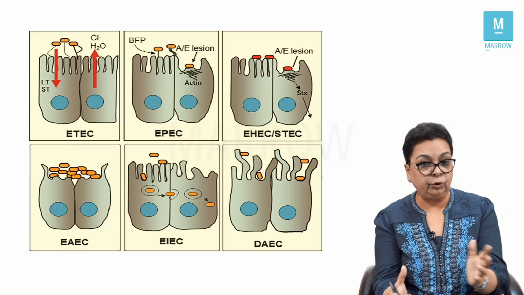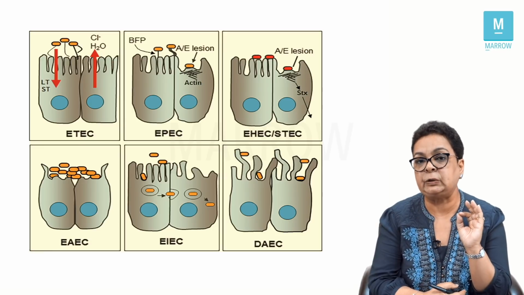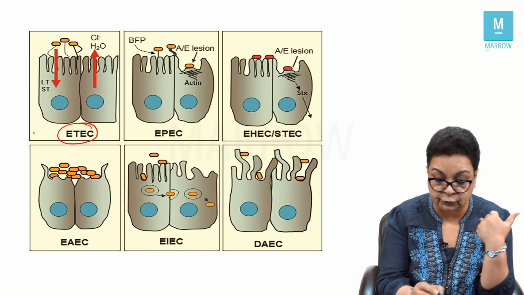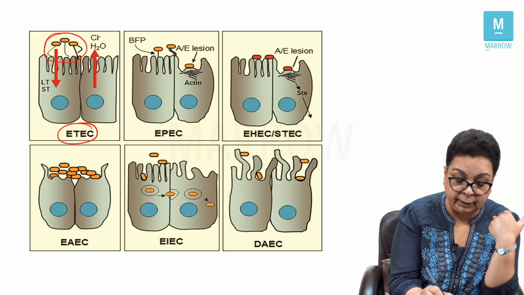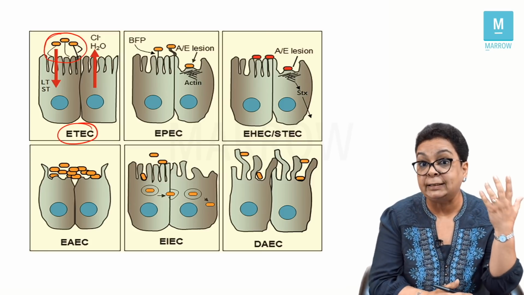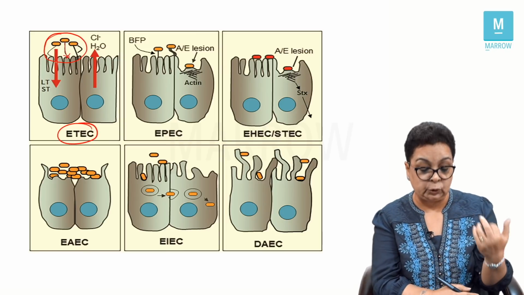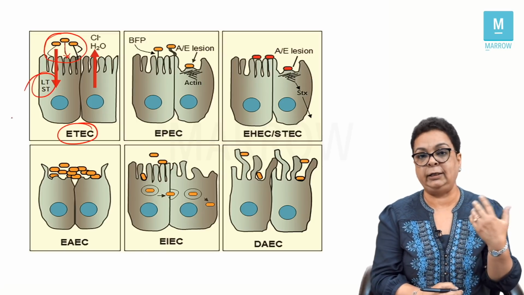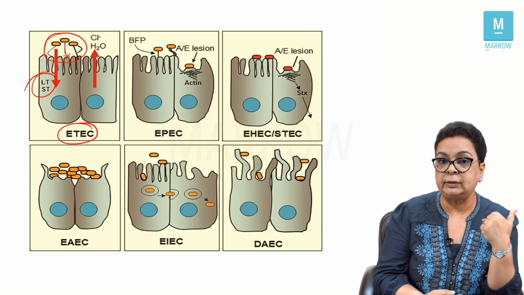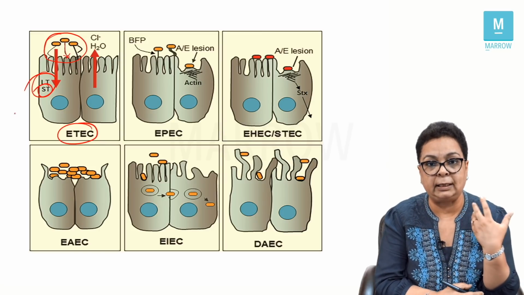Here is a beautiful diagram, and I'm going to quickly revise all these important pathogenesis of E. coli causing diarrheas. Let's start with ETEC. First of all, what is it adhering by? What are those structures on its surface? The first virulence factor: colonization factor antigens. Once it has adhered to the small intestinal mucosal cells, it expresses either one or both of these toxins, heat-labile and heat-stable toxin. Heat-labile toxin increases cyclic AMP, whereas heat-stable toxin increases cyclic GMP.